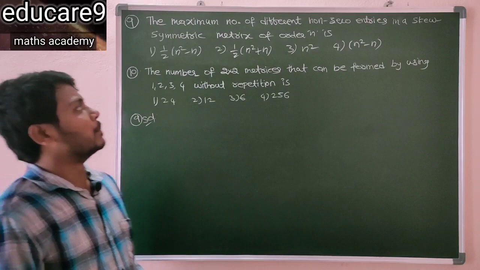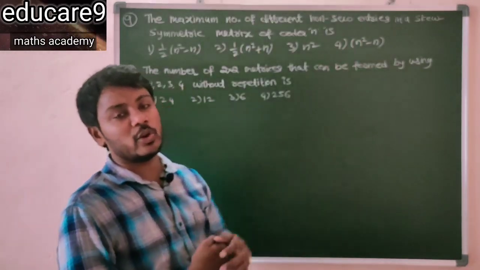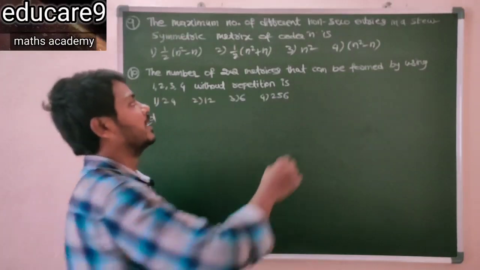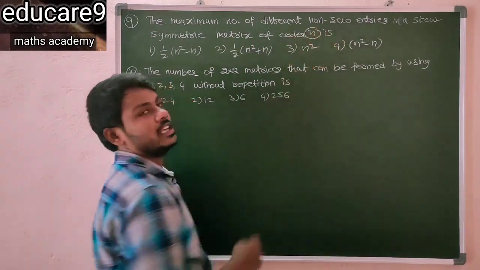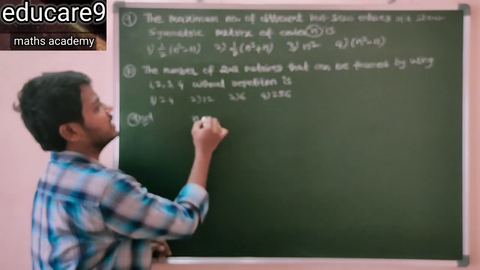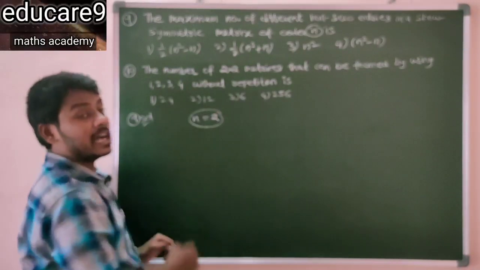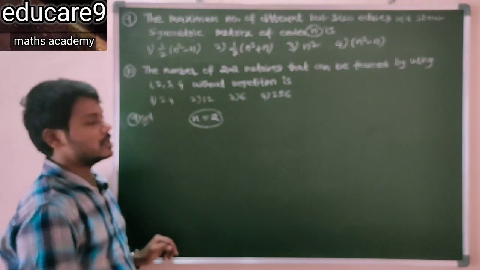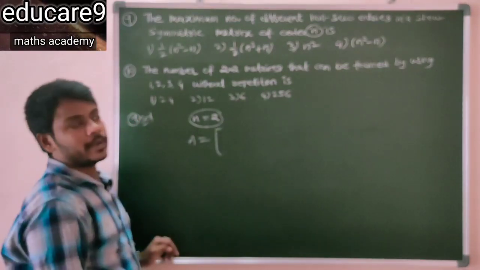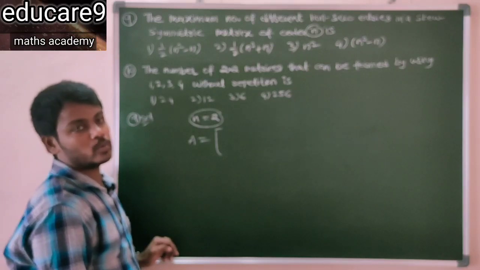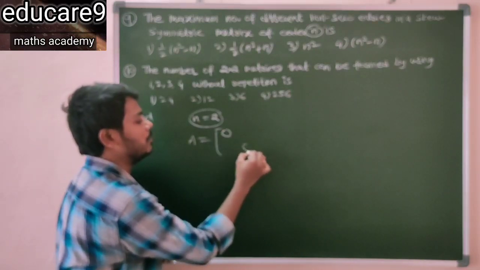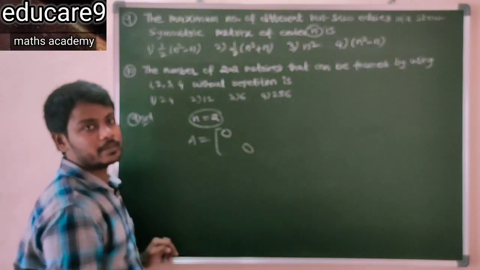The maximum number of different non-zero entries in a skew symmetric matrix of order n is what? See here, for example, n is equal to 2. So the order is 2 by 2. For example, take any skew symmetric matrix of order 2. Here in a skew symmetric matrix, the diagonal elements are always 0.